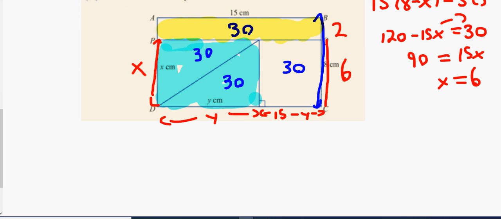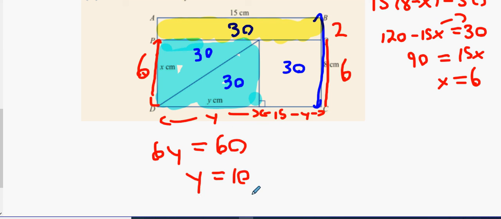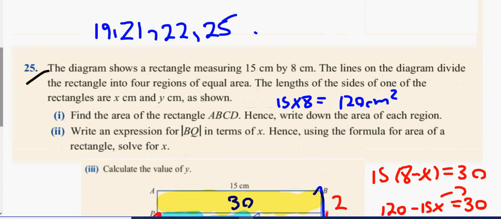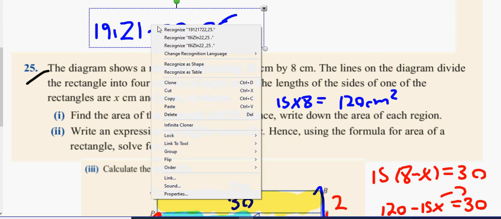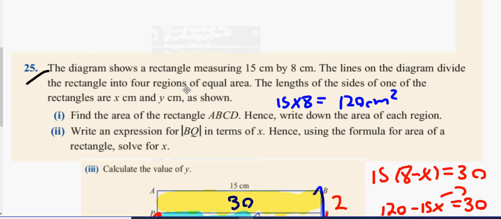And we know x is 6. 6 multiplied by y is what? 30 plus 30? y must be 10. And you're done. That was difficult, wasn't it? It was tough enough. If you asked me that question, I'd be like, yeah, fair enough. That's tough. Move on.